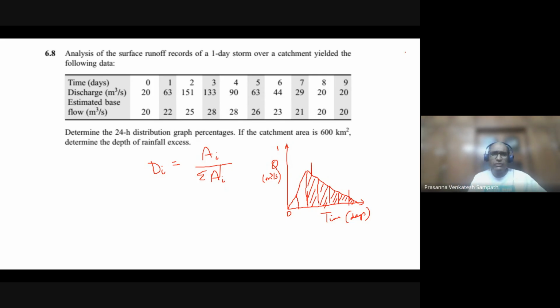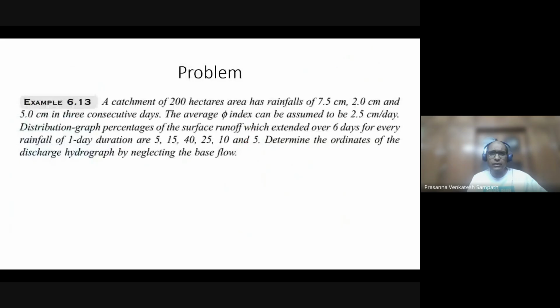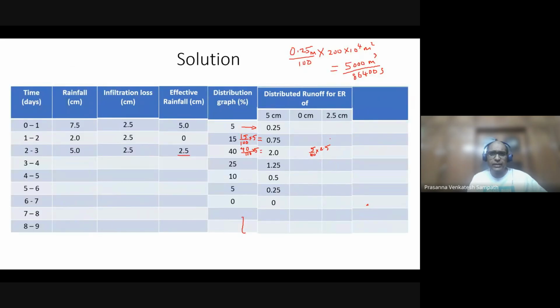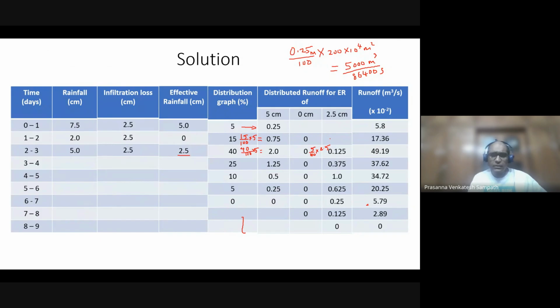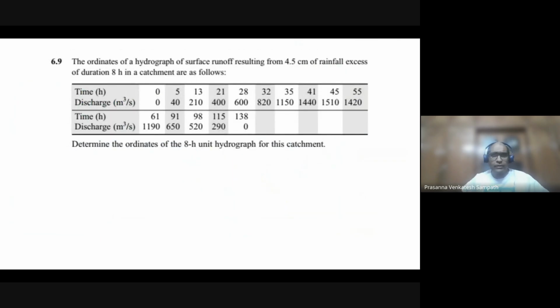Okay, so we solved a couple of problems relating to this distribution graph idea, and then we moved on to solving this particular problem. Again, straightforward one. The only challenge or difficulty in this problem was that the spacing between the successive time intervals is not uniform throughout the entire duration.